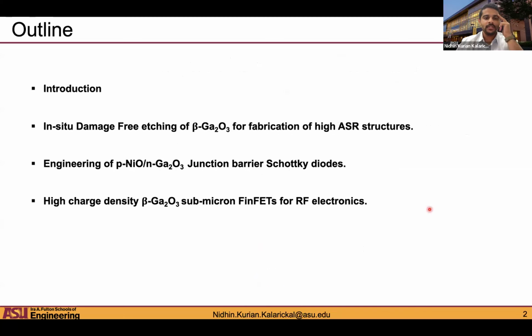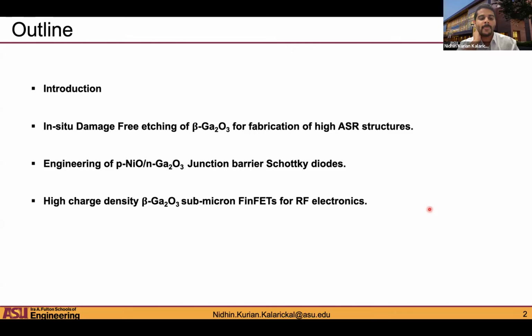Yeah, so this is a brief outline for my talk. I'll start with an introduction, particularly focused on gallium oxide and ultrawide bandgap semiconductors. And then I'm primarily going to talk about 3 different works that we've done recently. One is about a new technique that we've developed for etching gallium oxide, which is an in situ and damage-free etching technique.